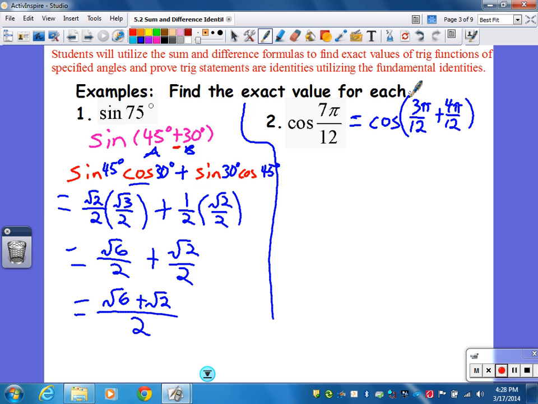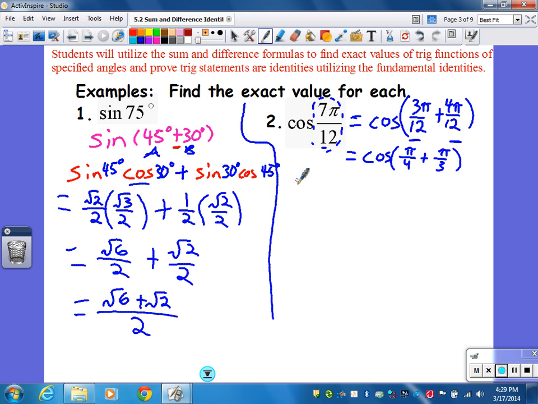Okay? So we have 2 angles now that will add up to be our 1 angle. The question is, can we simplify these and make them look like something we already know? Yes. So we have cosine of pi over 4 plus pi over 3. This is looking kind of familiar now.